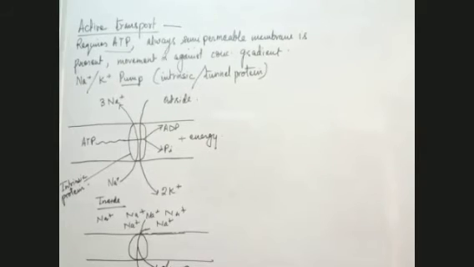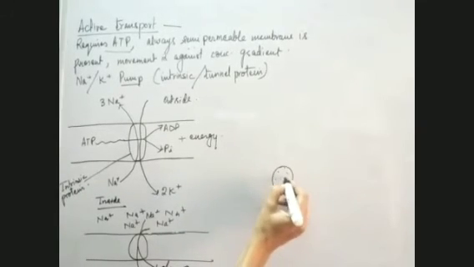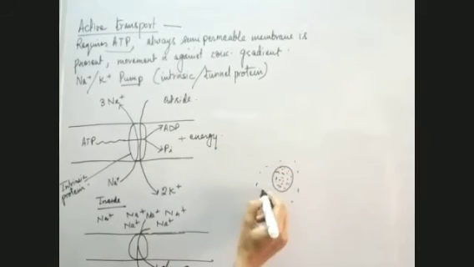And the movement is against the concentration gradient. That means even if in a cell something is less and outside it is more, it will move in. This is against the concentration gradient. So it takes place against the concentration gradient. That is why it requires energy.